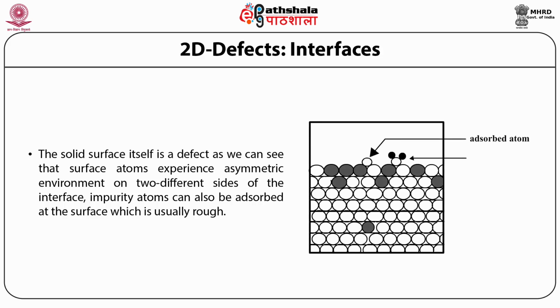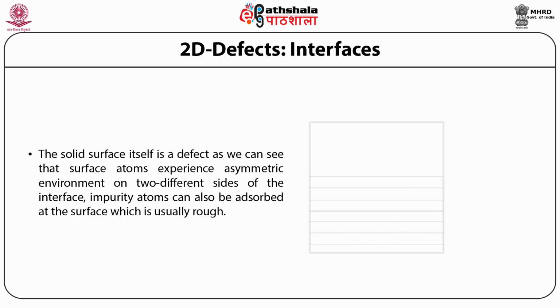On one side they are bonded with solids, on the other side they are exposed to the environment. So when they are exposed, some atoms or gas molecules can interact with the top atoms. They can chemically bind there, they can physically bind there, or can also diffuse to a certain extent inside the solids.